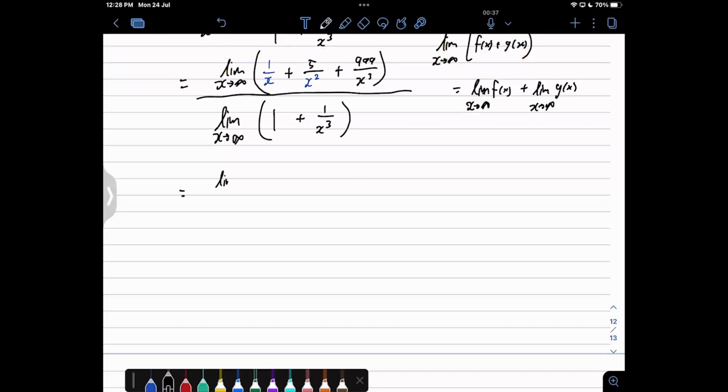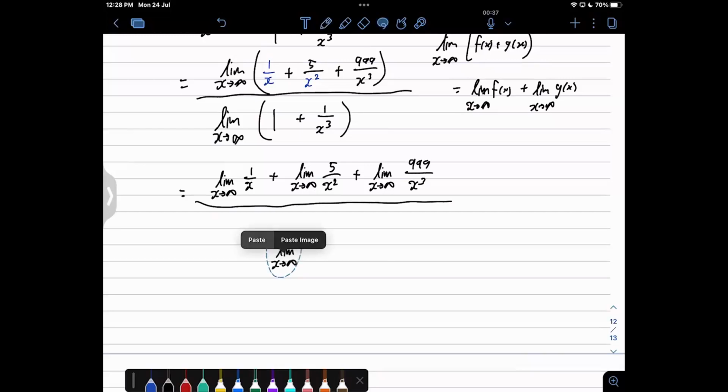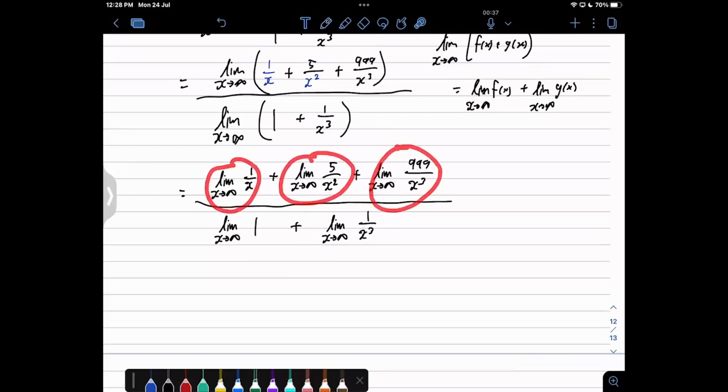Let's write it down: the limit as x approaches infinity of 1 over x, plus the limit of 5 over x squared, plus the limit of 999 over x cubed, all divided by the limit as x approaches infinity of 1, plus the limit of 1 over x cubed. Then you can evaluate each of them piece by piece.